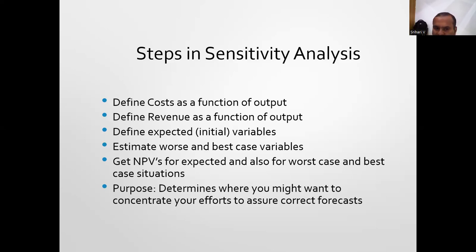First, we define cost, then revenue, then expected variables, estimate worst or best case variables, and calculate NPV, net present value, for the worst case and the best case. How is NPV calculated? The formula to calculate net present value is total present value of cash inflows minus original investment.